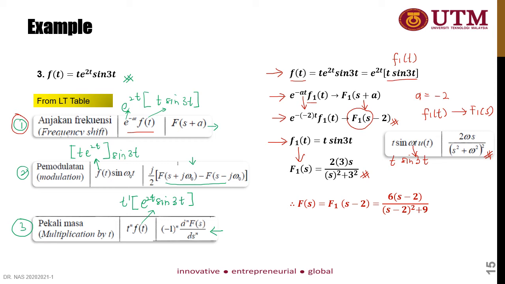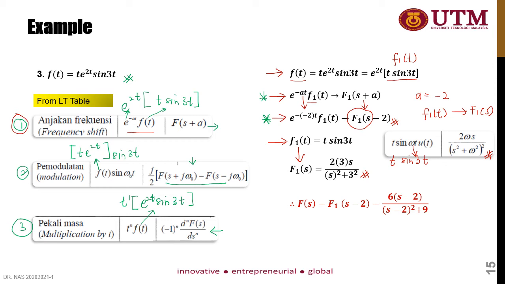Okay, so go back to the basic equation, e to the minus at f1(t), equal to F1(s plus a). This is when you have entered the value. So F1(s minus 2), meaning that all s must be deducted by 2.